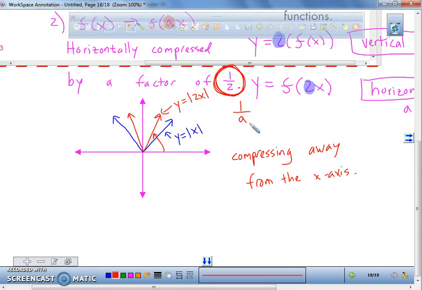Our a value in this particular case was 2, so our factor of compression will be 1 over a. This is a rule only for horizontal stretching or compressing. Vertical is the easiest one. The horizontal is where students usually get confused. Okay?